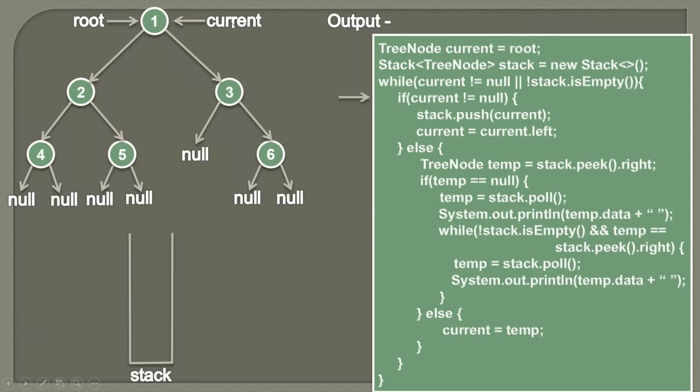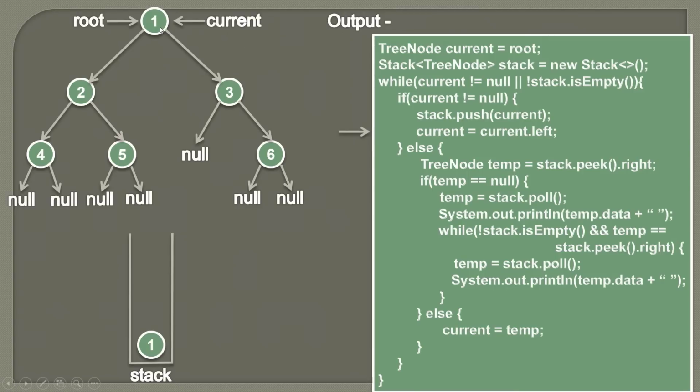So here, as current is not equal to null, there can be a possibility that this node has a left subtree. So what we do is, we simply push node 1 into the stack, and then we traverse to its left by assigning current's left to current.